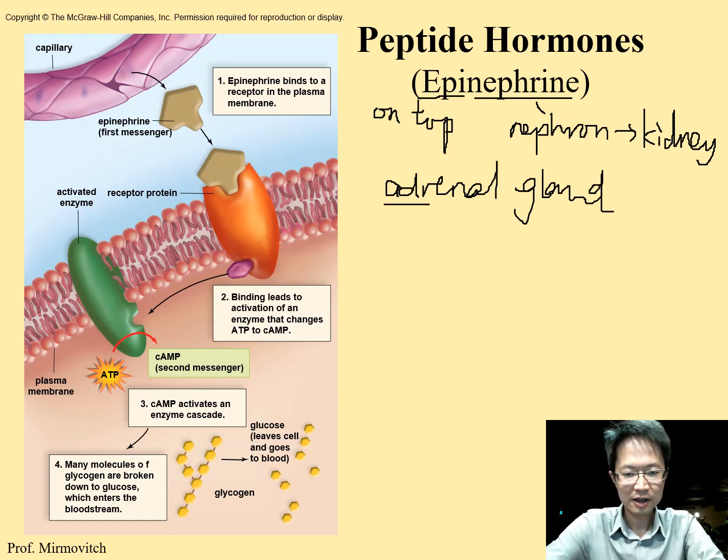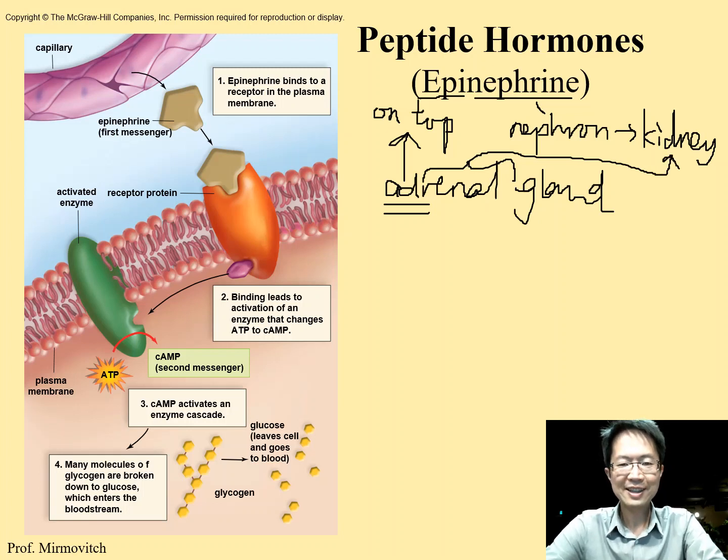Ad means on top as well. Renal also means kidney. So this gland is located on top of the kidney, and it secretes a peptide hormone called epinephrine. It literally means on top of the kidney as well.